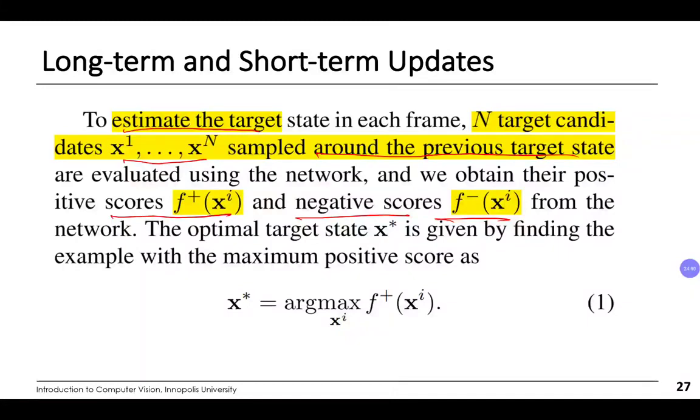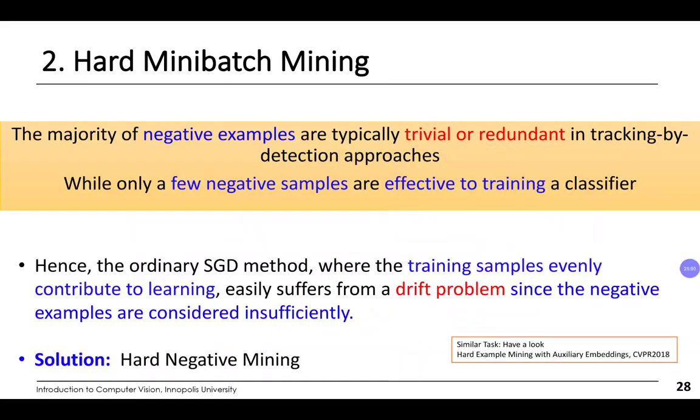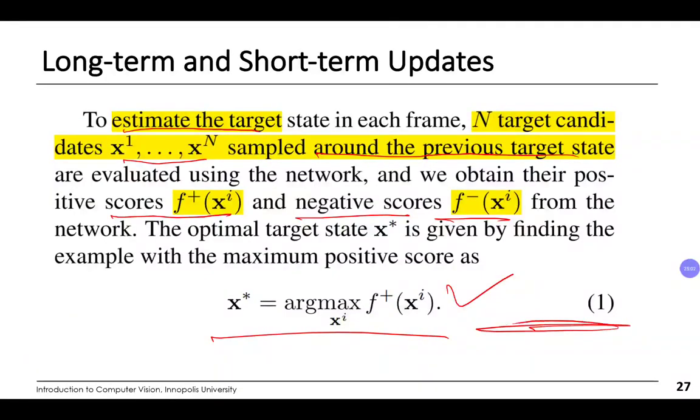And then you can find the maximum positive score like this and consider it the positive training example, and you can update your network. This is equation number 1. We use this equation somewhere in the coming slides. Just remember, this is your maximum positive example based on the positive score of the network.